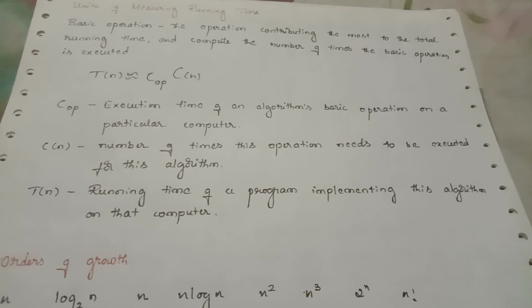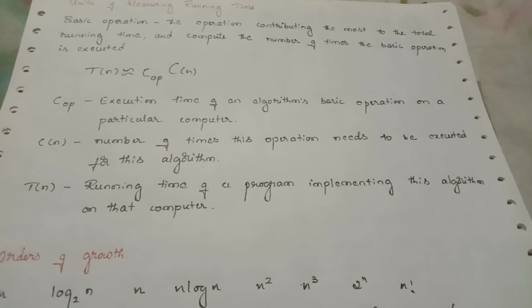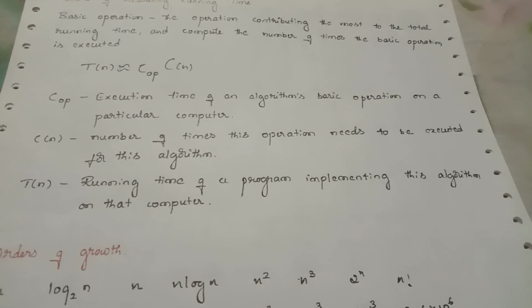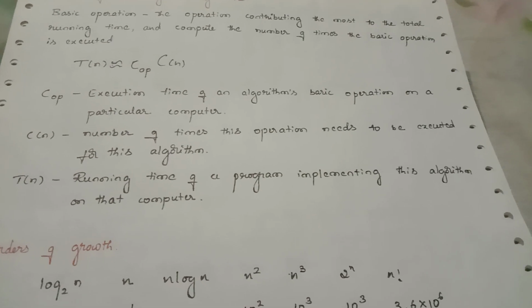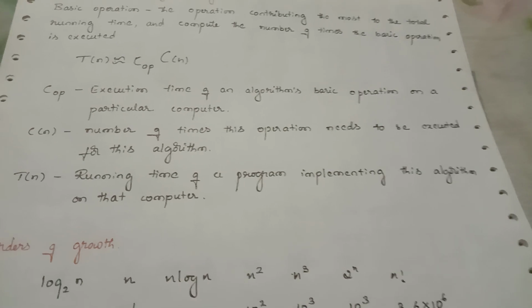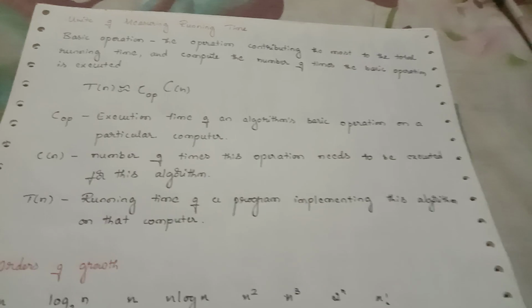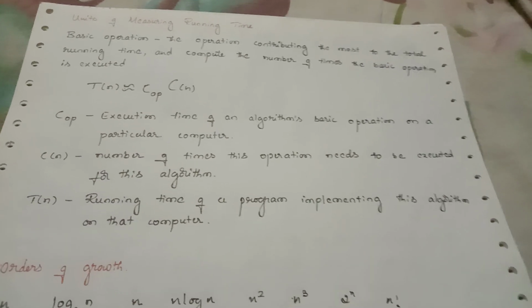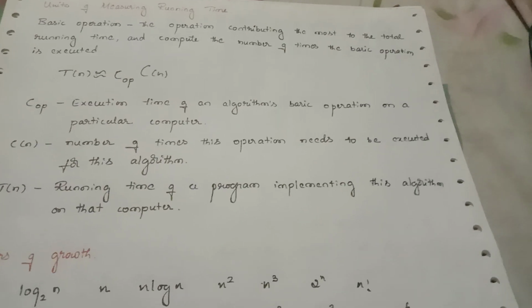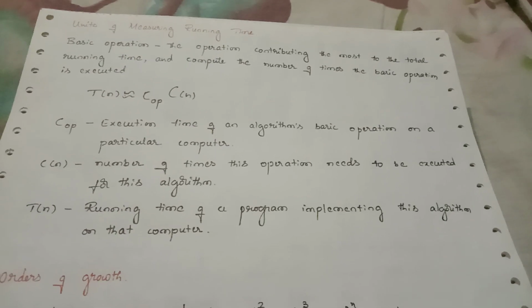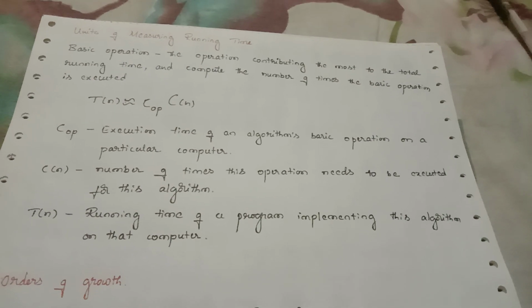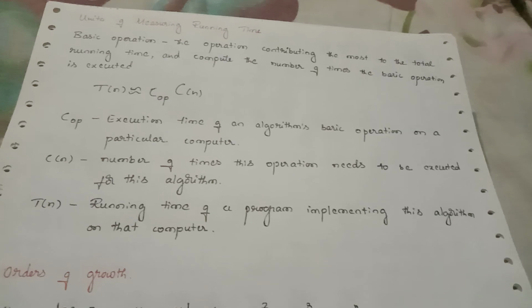I will tell you an example. When we are searching for an element in a given list, what is the basic thing we do? Searching means we compare the key element with the list elements given. So here the basic operation is comparison, right? And also sorting: how do we sort the elements?